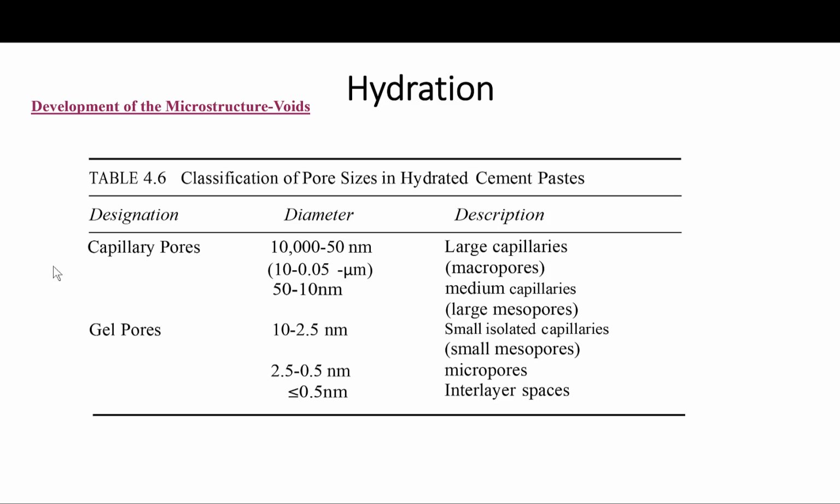The capillary pores are basically, as I said, the remnants of the water-filled space that exists between the partially hydrated cement grains. The gel porosity is regarded as an intrinsic part of the calcium silicate hydrate.